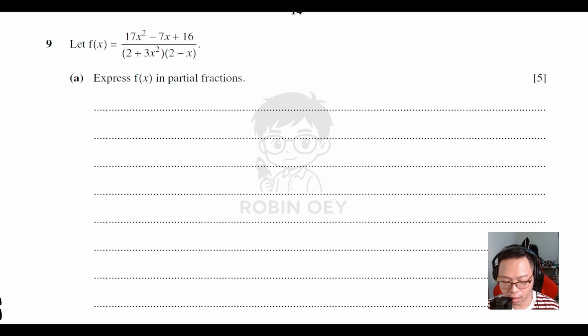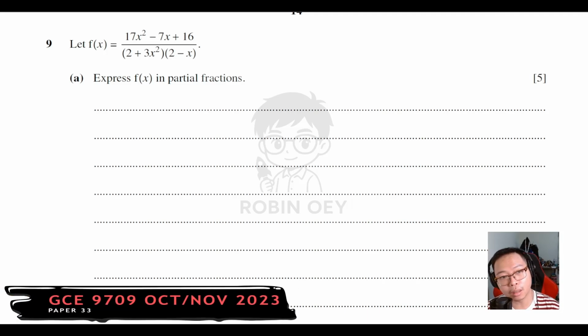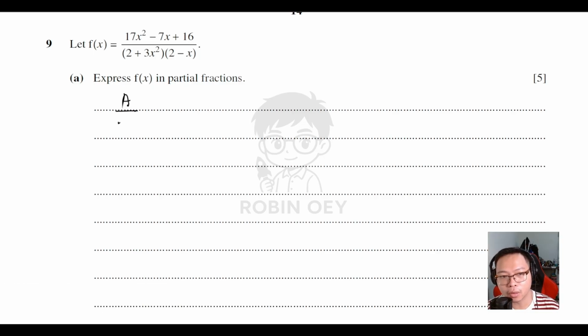Okay, number 9. Let f of x be (17x squared minus 7x plus 16) over (2 plus 3x squared)(2 minus x). So I'll just split this into A over (2 minus x) plus (Bx plus C) over (2 plus 3x squared).